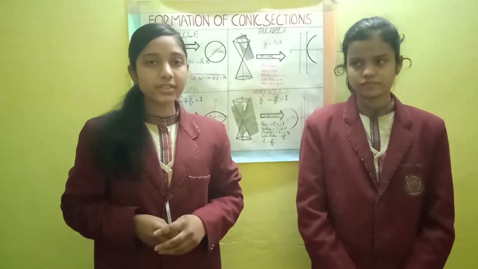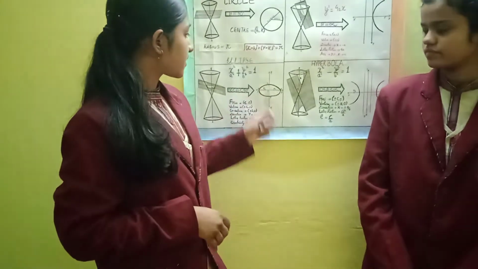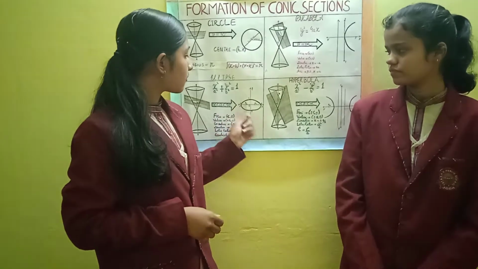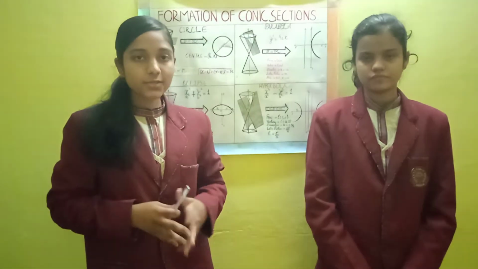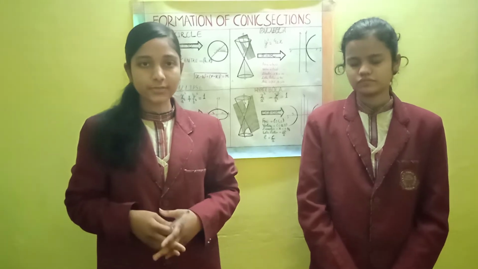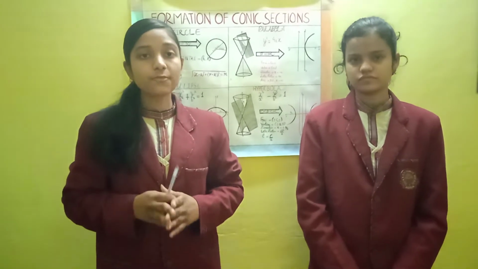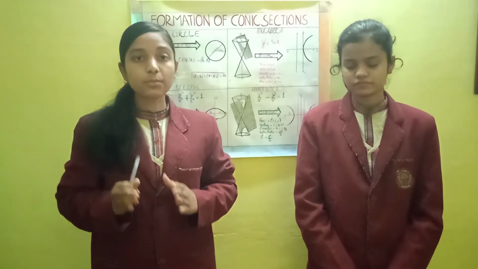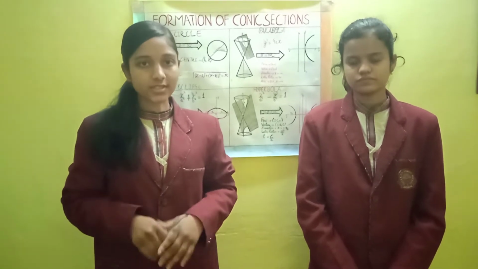Now coming to the third one, that is the ellipse. Its equation is x square by a square plus y square by b square is equal to 1. As we have defined the first two, let's also define the ellipse. An ellipse is a set of all points in a plane, the sum of whose distances from two fixed points is always constant.